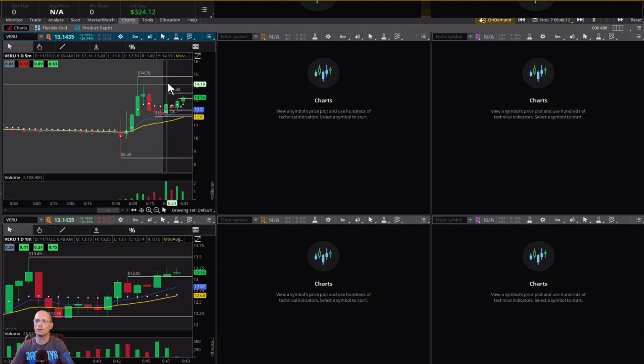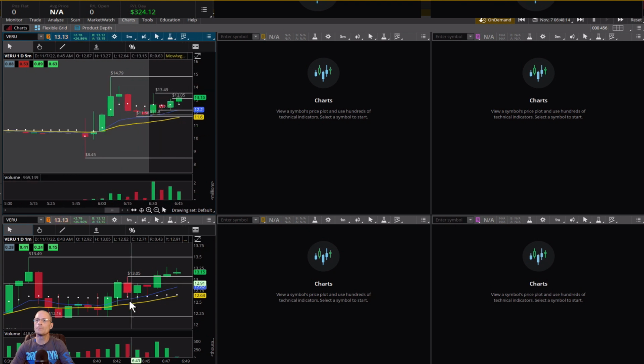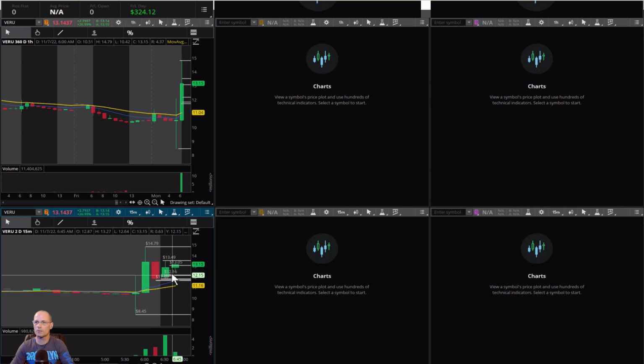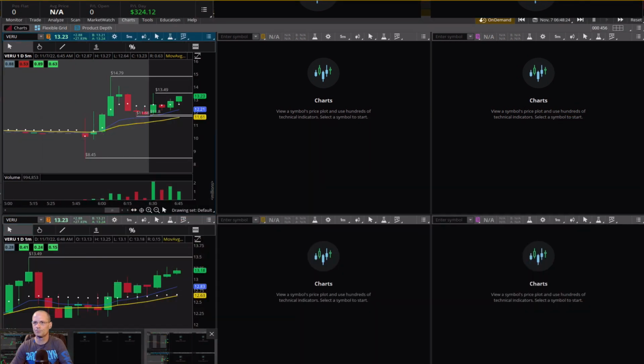With the high, low, lower, high. You see that inside bar on the 15-minute here. Get rid of all these. You can see that a little clearer.